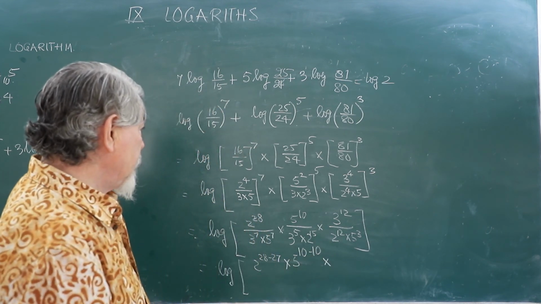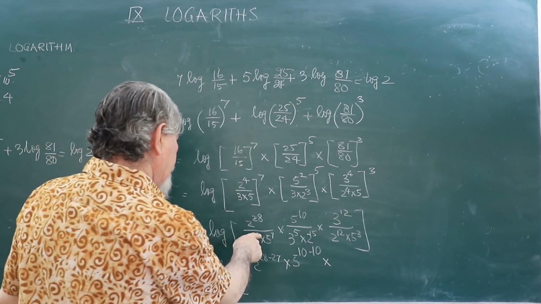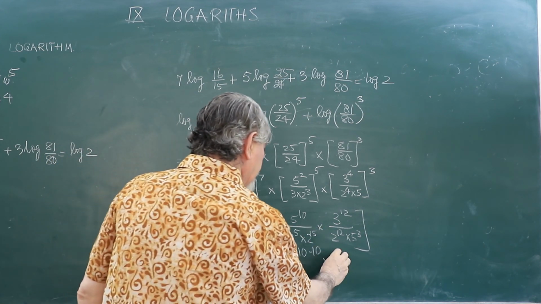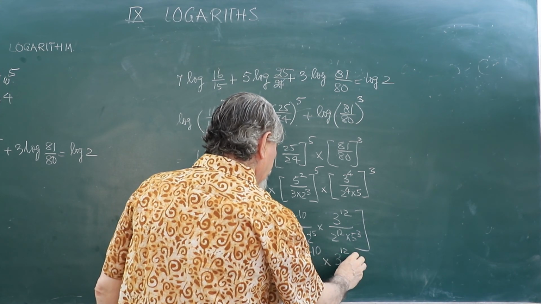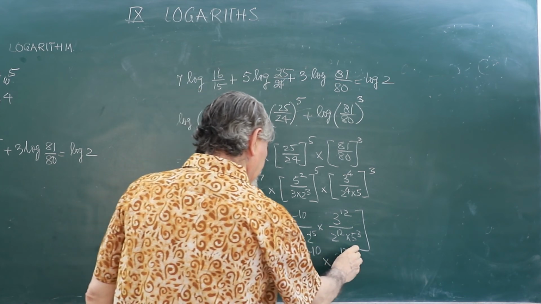3 has got power 12 in the numerator and in the denominator 7 plus 5, 12.